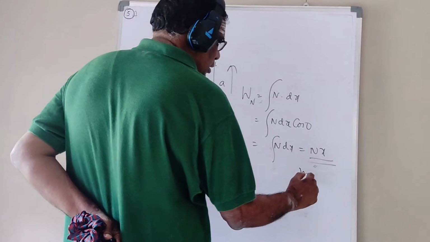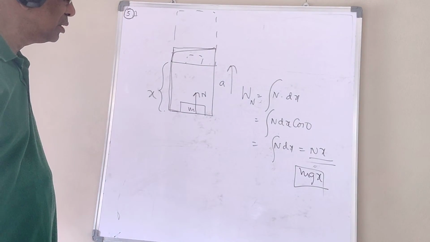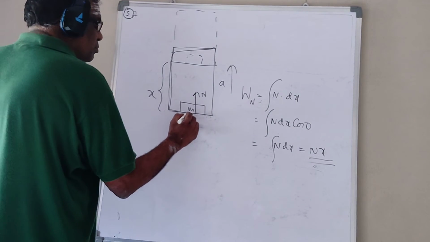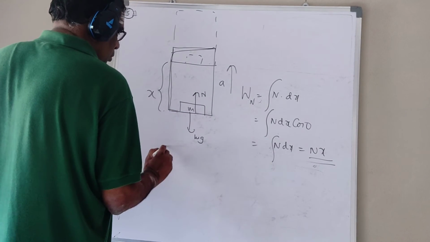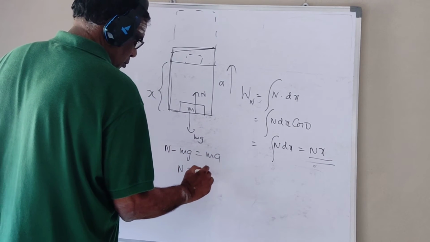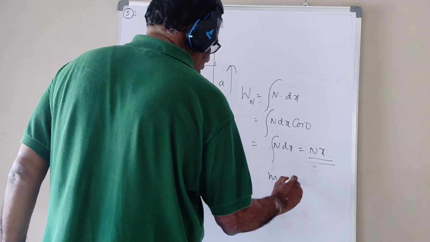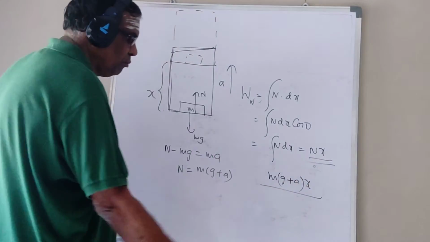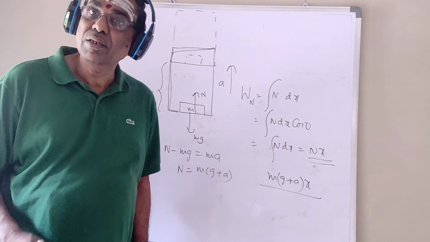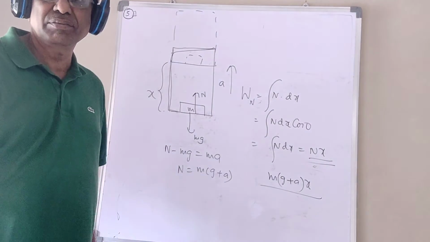N is nothing but, in this case, N minus Mg equals M a, so N is so much. So M into, this is very important. In this case, work done by normal force is positive.